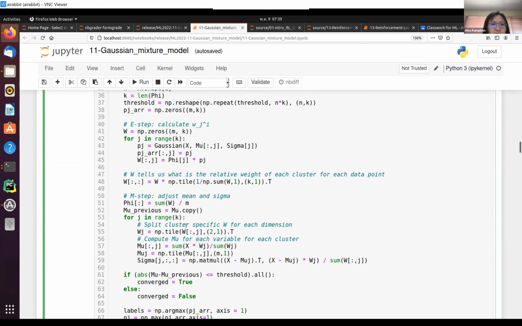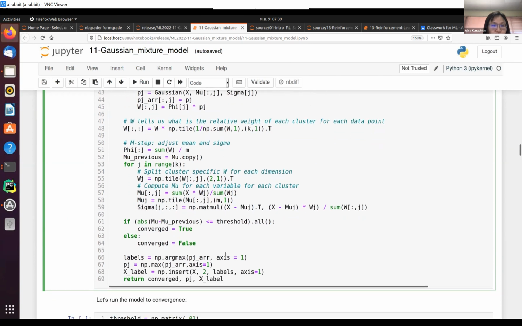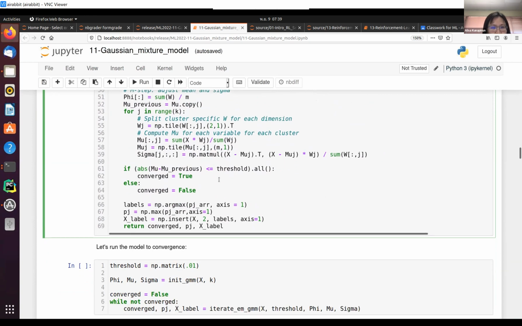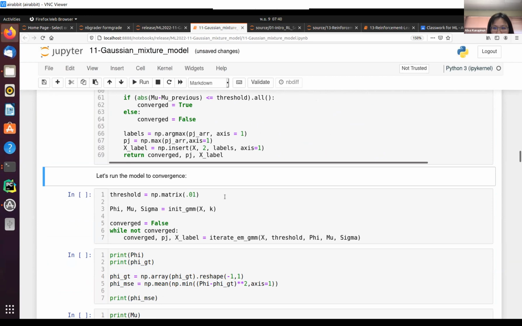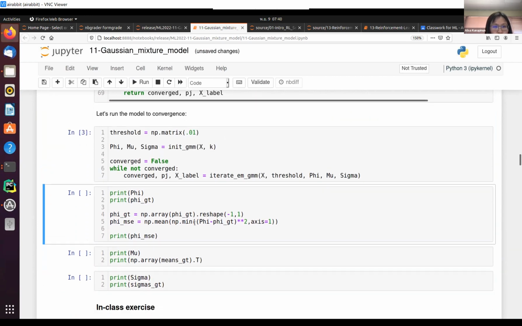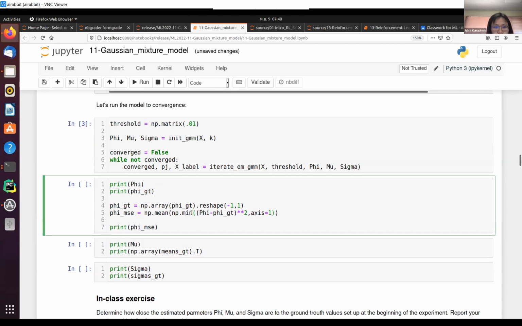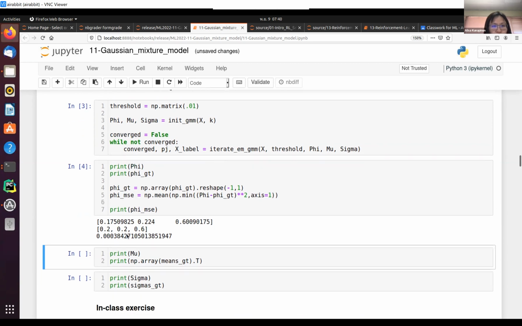Then we adjust the mean and sigma again. Then done. Okay. Then we run the model. After we run the model, the output looks like this.